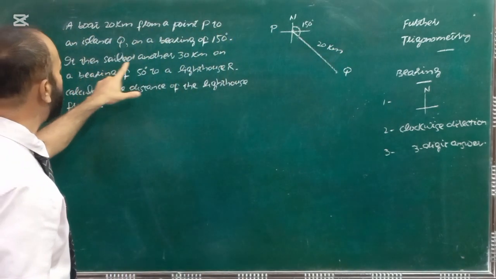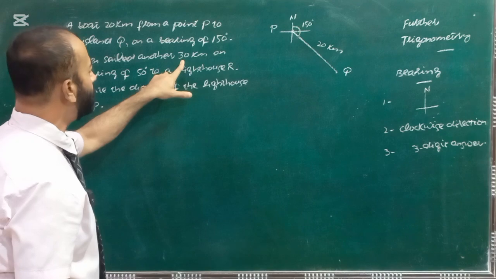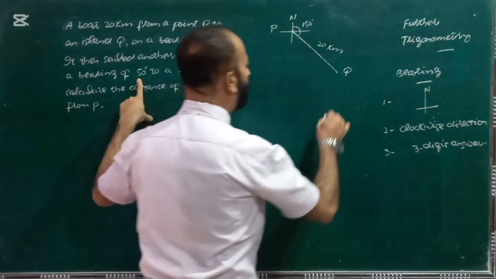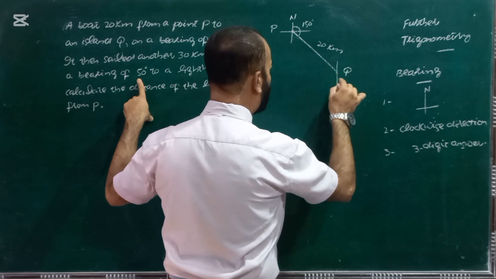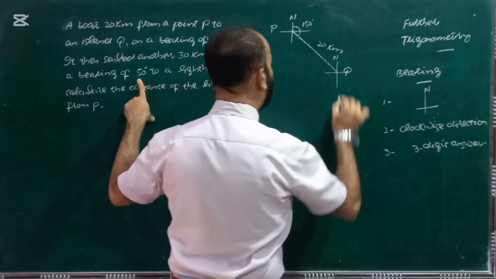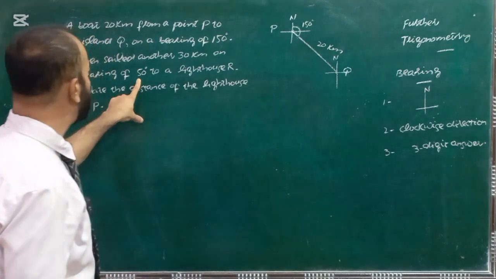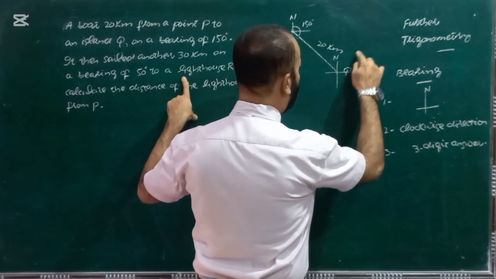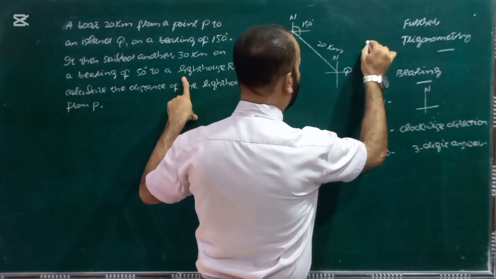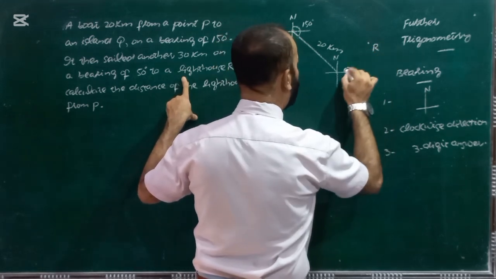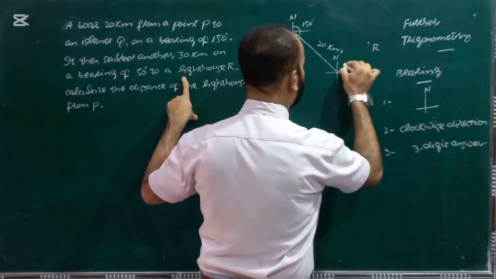It then sailed another 30 kilometers on a bearing of 50 degrees. So look now, again we will draw north direction here. So now the bearing is 50 degrees to lighthouse R. So somewhere here will be R, because the bearing is 50 degrees.